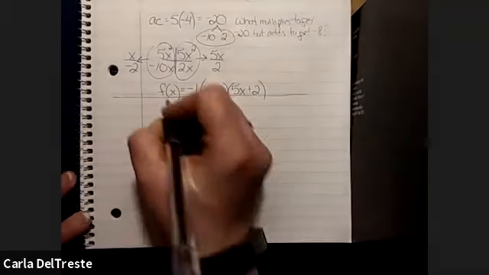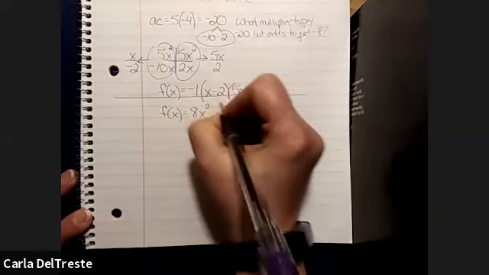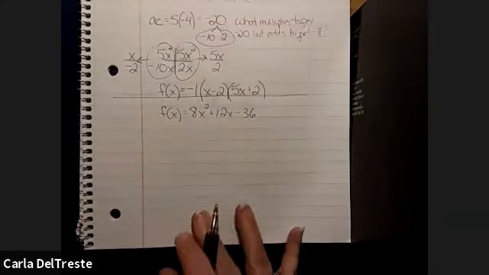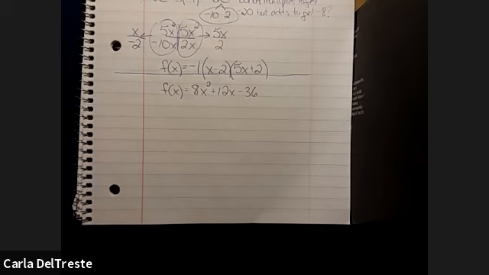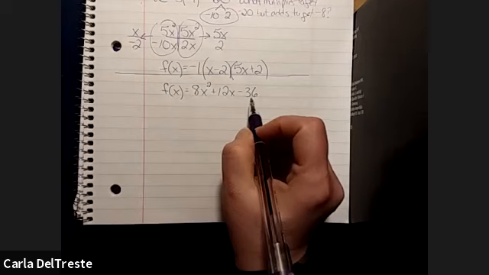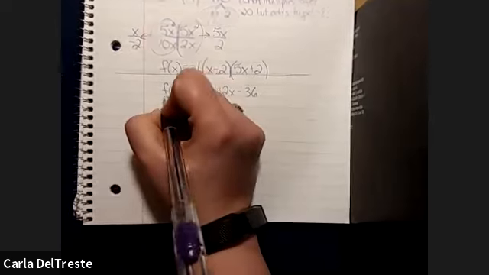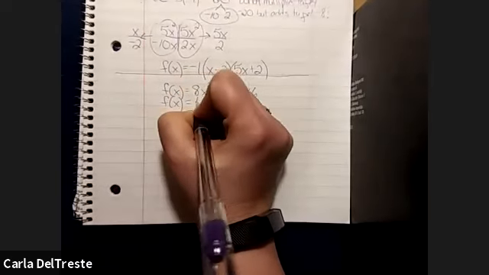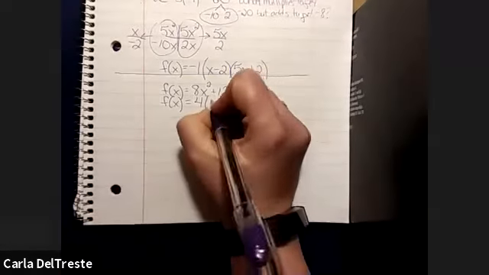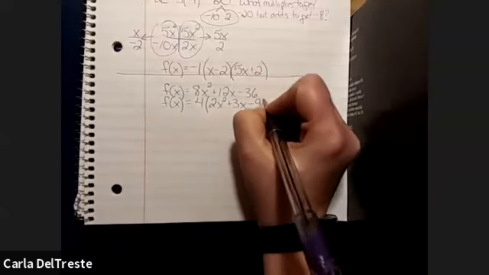Now I have the function f of x equals 8x squared plus 12x minus 36. First, I look for a GCF. I have 8x squared plus 12x minus 36. They're all divisible by 4. So I'm going to take out a 4 to start. When I divide everything by 4, I'm left with 2x squared plus 3x minus 9.